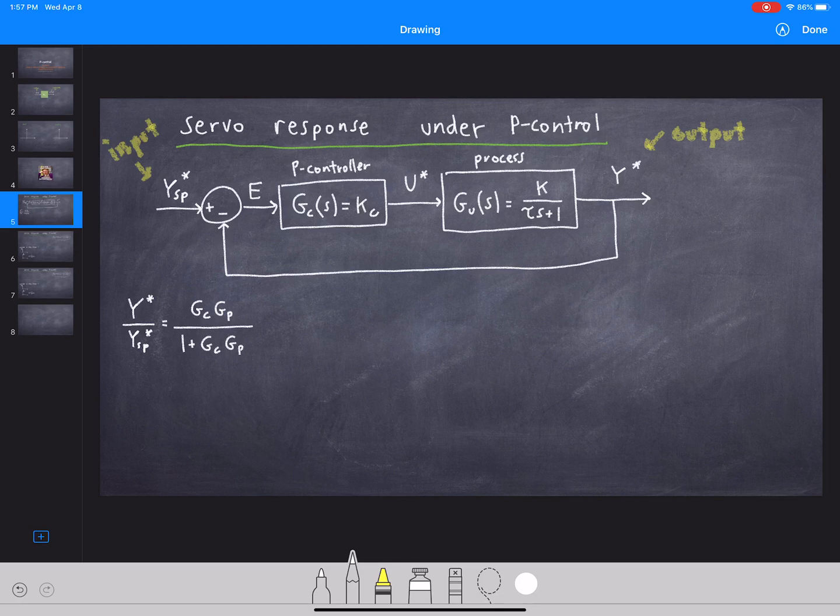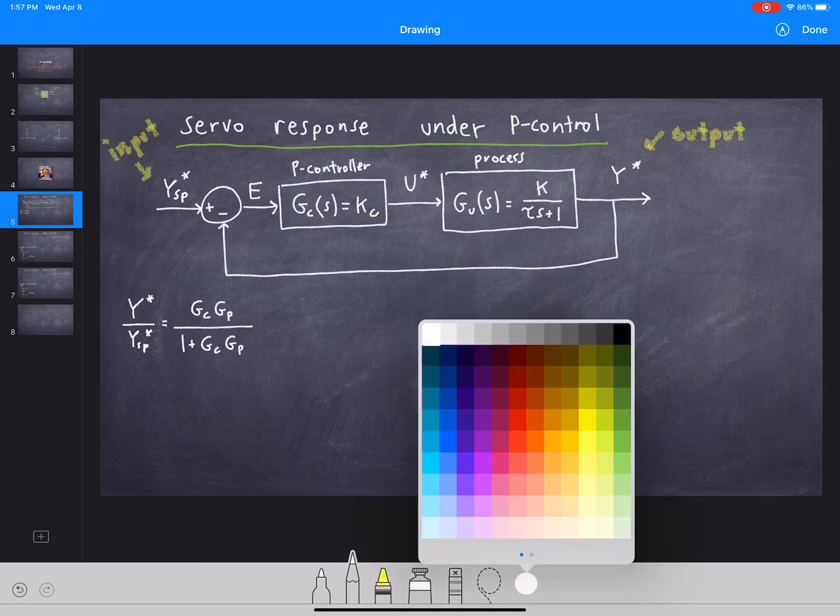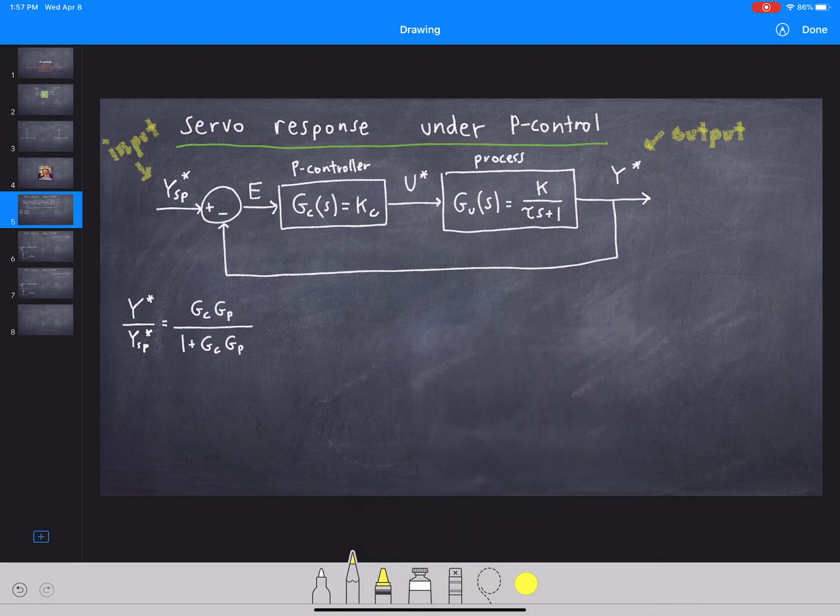And what we derived before is that the servo response, so this is your closed loop servo response, this is a closed loop transfer function. So we derived before, and you can derive this on your own, again, if you'd like, that the closed loop servo response is GC times GP over 1 plus GC GP, right?